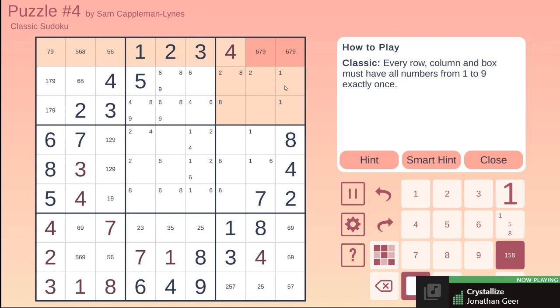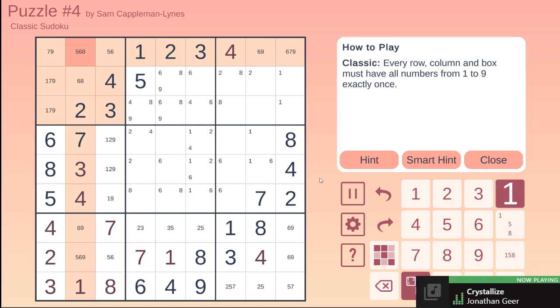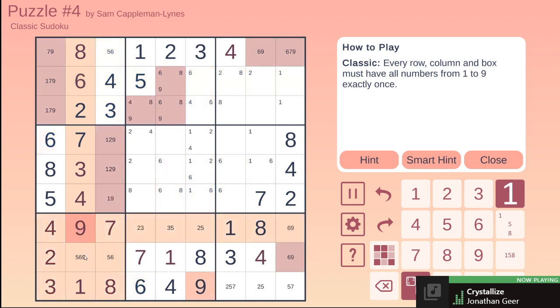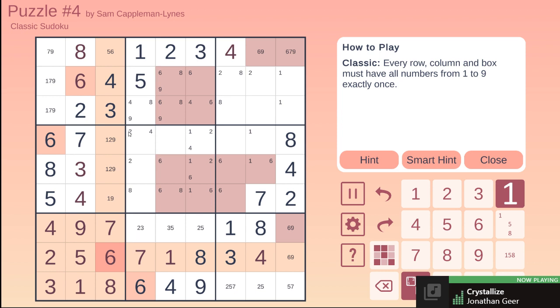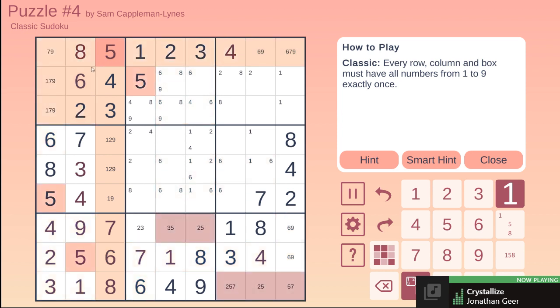Which means, first of all, this can't be a 7. Which means this has to be an 8. Because where else would the 8 go in this row? It has to go there. Which means this has to be a 6. Which means this has to be a 9. Which means this has to be a 5. And this has to be a 6. This has to be a 5 as well.